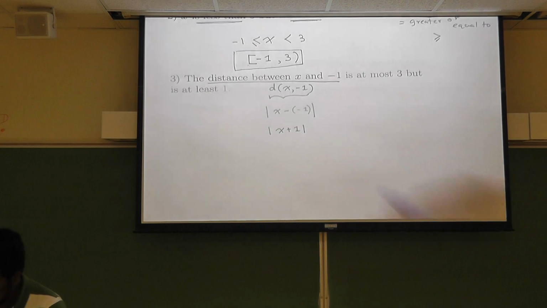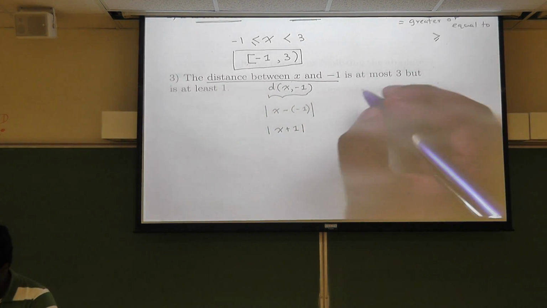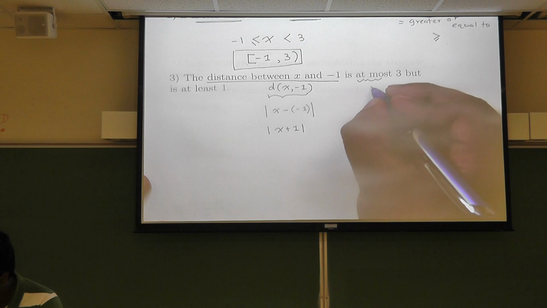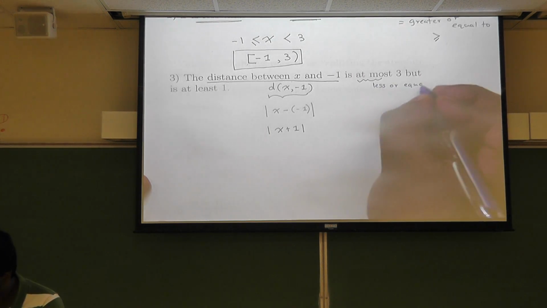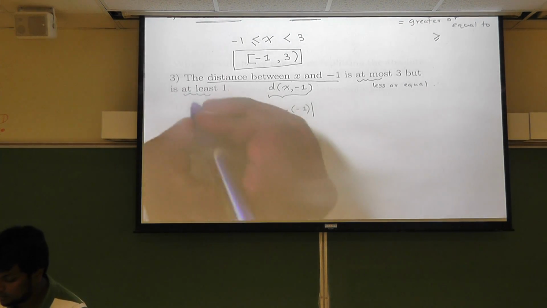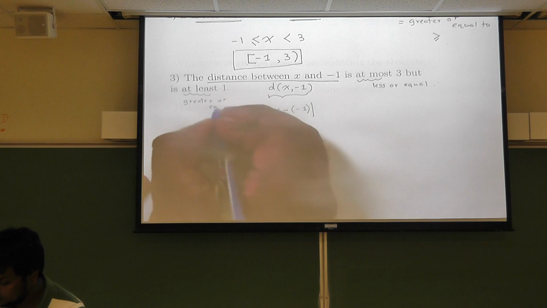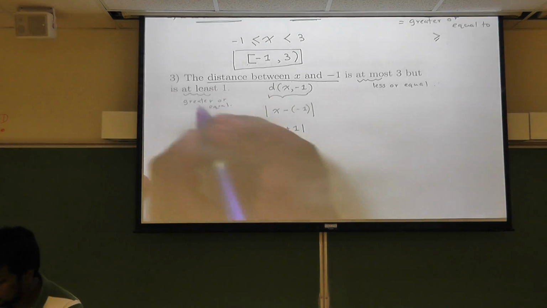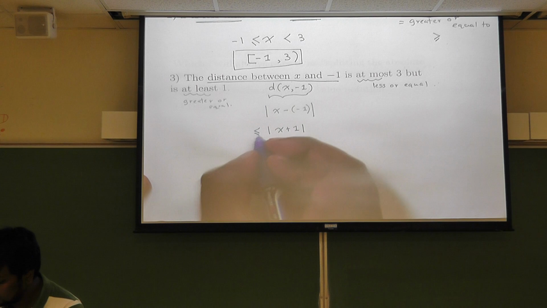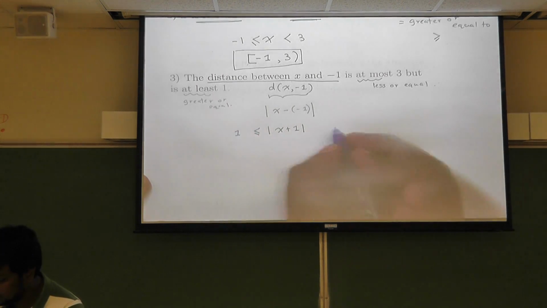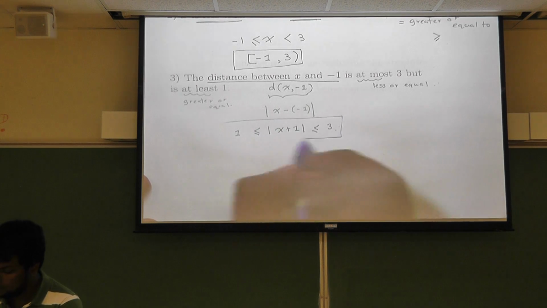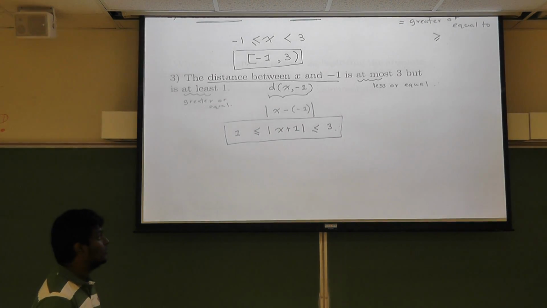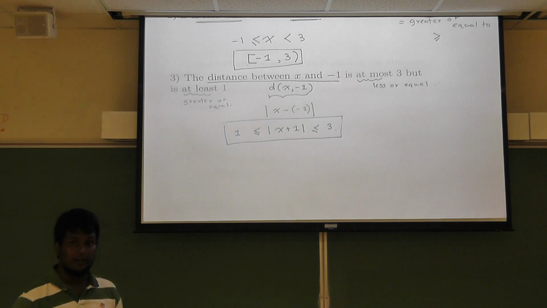Now at most, as we discussed in the previous ones, translates to less than or equal, and at least translates to greater or equal. So greater or equal to 1, but less than or equal to 3. That is how you show that statement as an inequality.